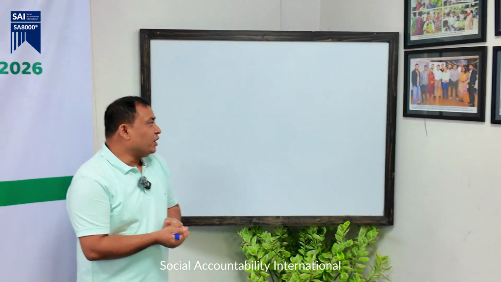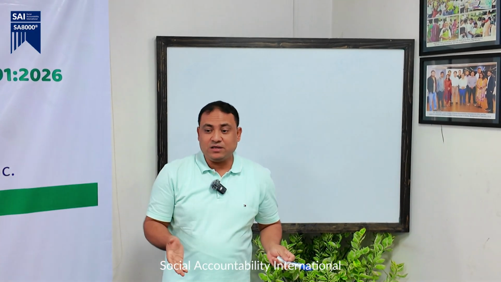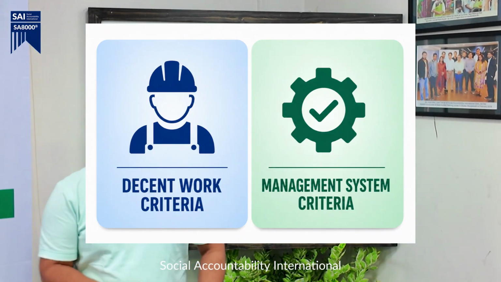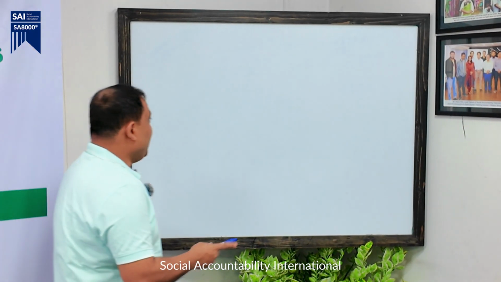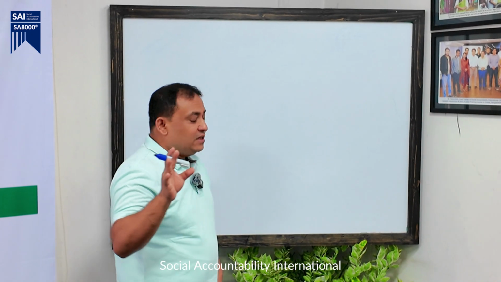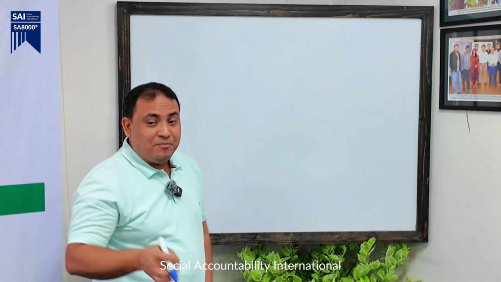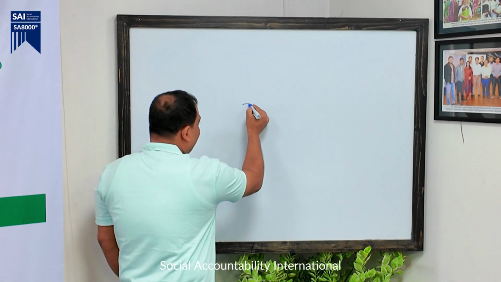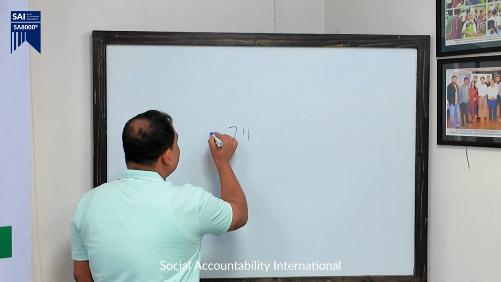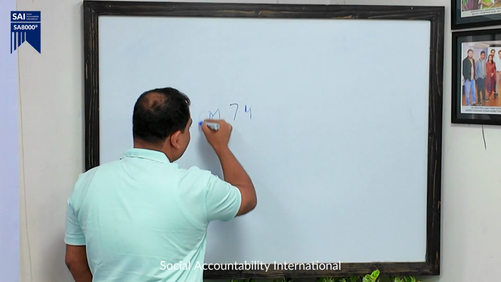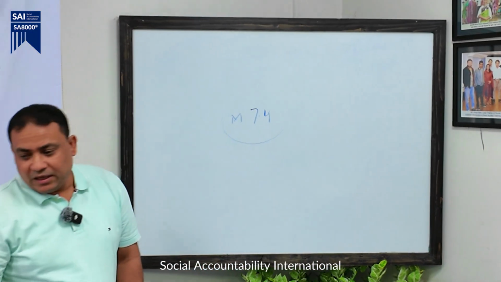So you already know there are two sections of the requirements. One is decent work criteria, another is management system criteria. In management system criteria, we have M1 to M10. M7 is implementation. In M7, specifically M7.4 talks about business partners interaction.